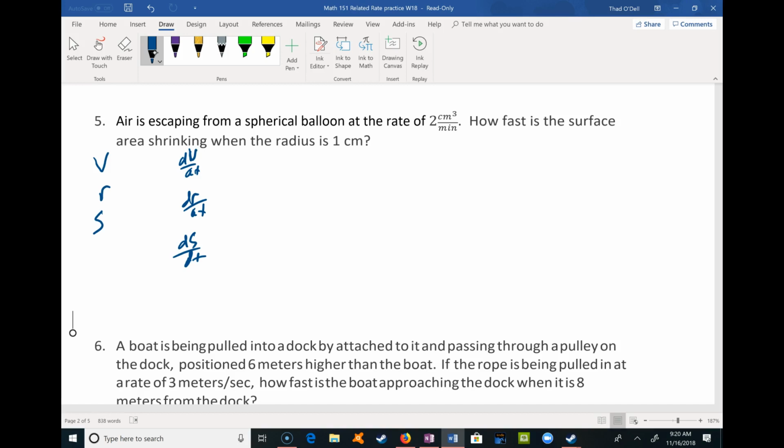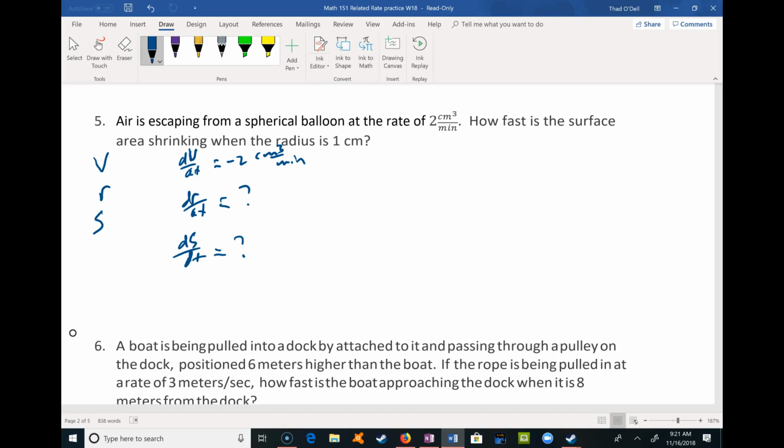Oh, whoops. So we care about dV/dt too, don't we? Okay, so we know dV/dt is negative 2 cubic centimeters per minute. Okay, and do we know what dR/dt is? Nope. That's a problem. Do we know what dS/dt is? Nope, but that's not a problem because we're looking for it, right?